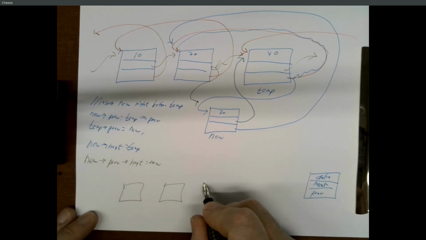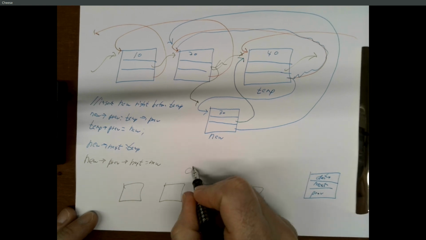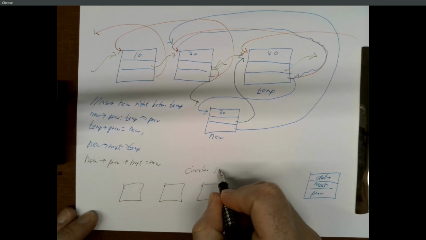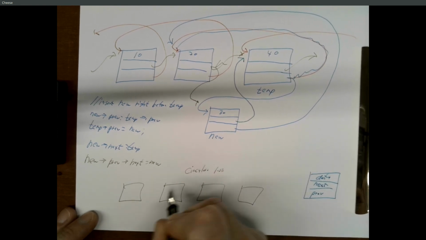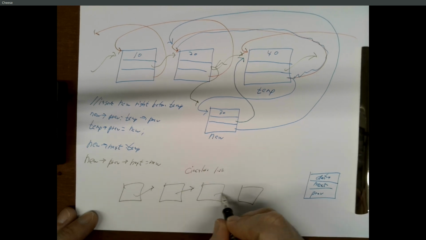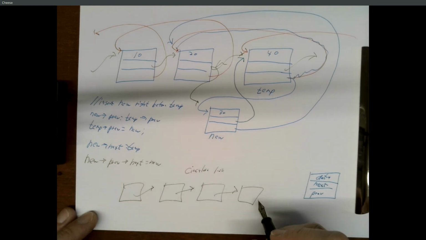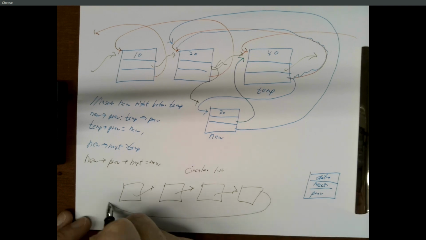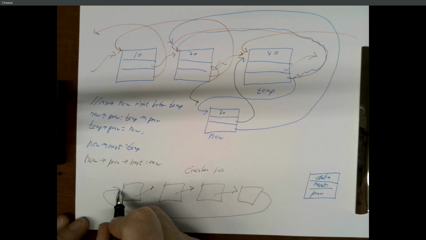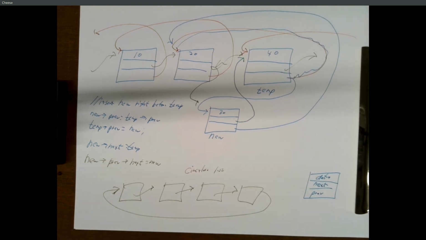The other thing I'll mention is a circular list. And a circular list, basically, when you get to the end, instead of that last node pointing to null, it points back to the first node. And if you have a sentinel, it probably points back to the first data node.